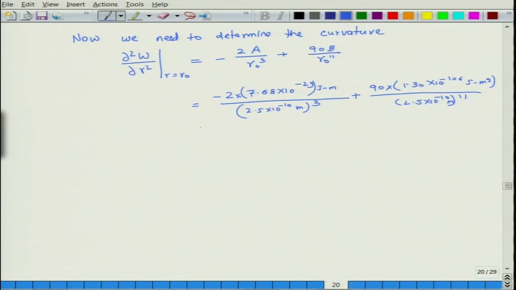You can see that you will get something in the form of joule per meter square. So this will give rise to a value of 39.3 joules per meter square.